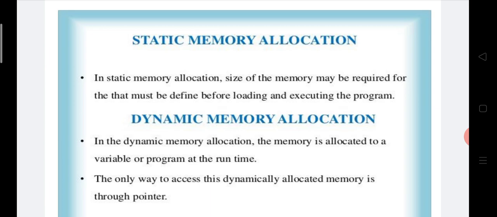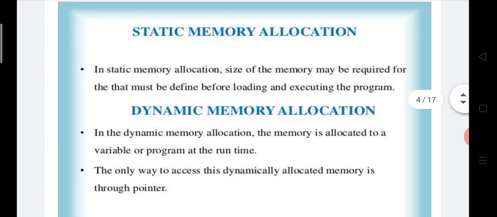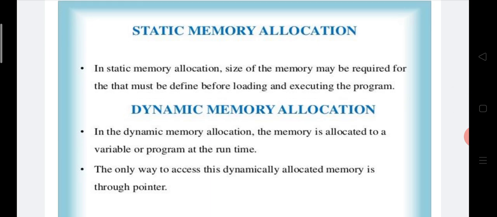For example, when you write a program in C language, suppose you want to add two numbers; before adding, we have to declare three variables, for example int a, b, sum. These three variables are allocated memory before the execution of the program, which is called static memory allocation. The next one is dynamic memory allocation.